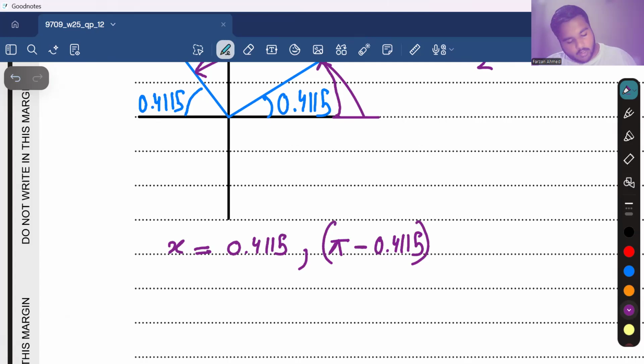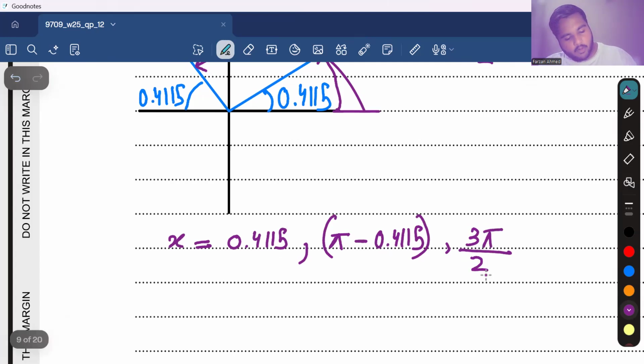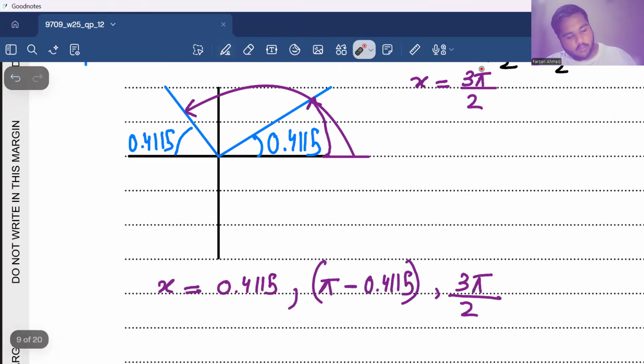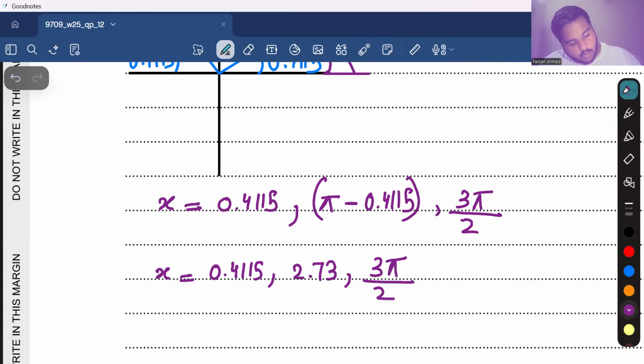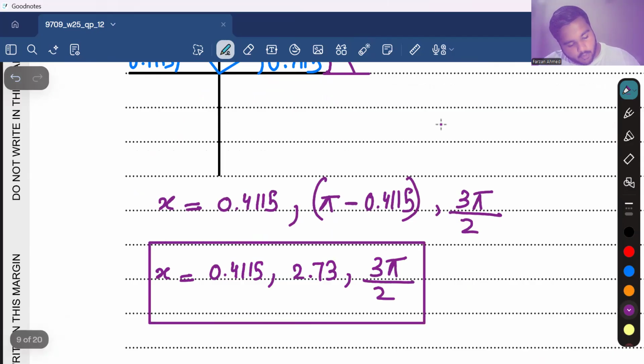And the second value is 3 pi upon 2, because of this. So the answers we got are x is equal to 0.4115, 2.73 and 3 pi upon 2. These are our final answers for question number 6 part C.